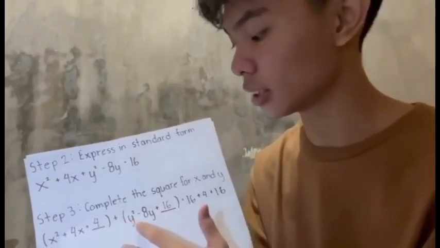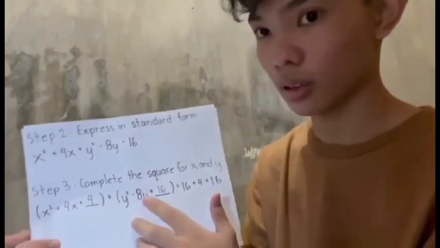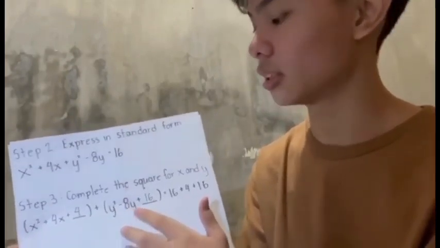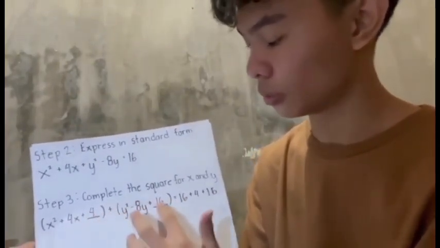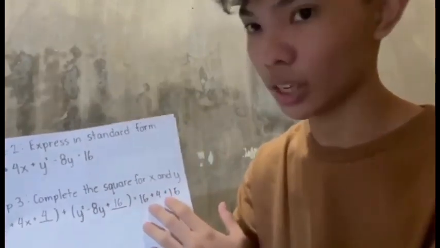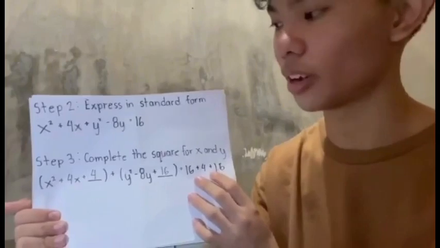I did the same thing for y squared minus 8y. 8 divided by 2 is 4. 4 squared is 16. So the numbers 4 and 16, we add them to the right side of the equal sign. And that is our third step.